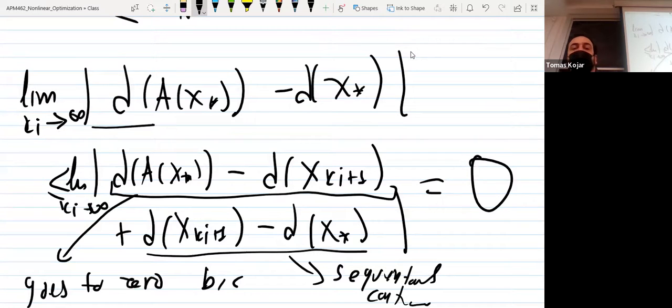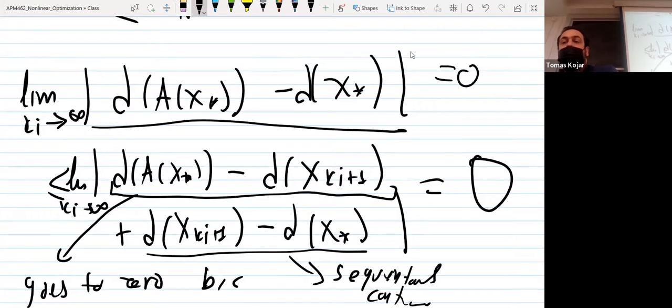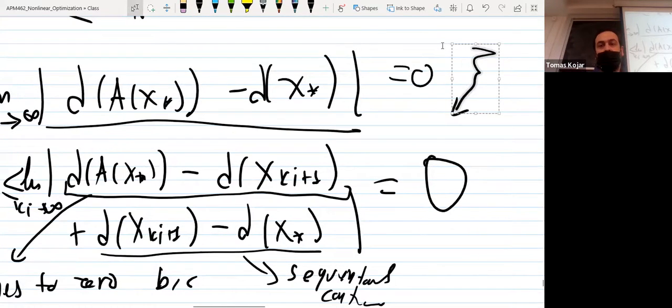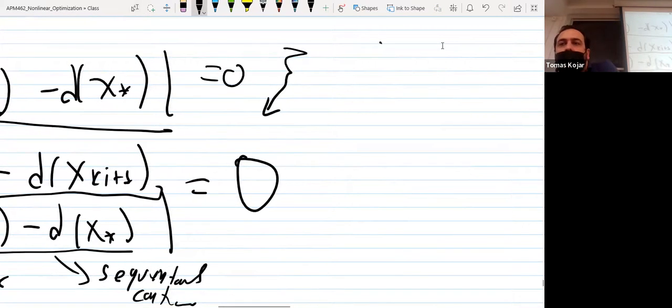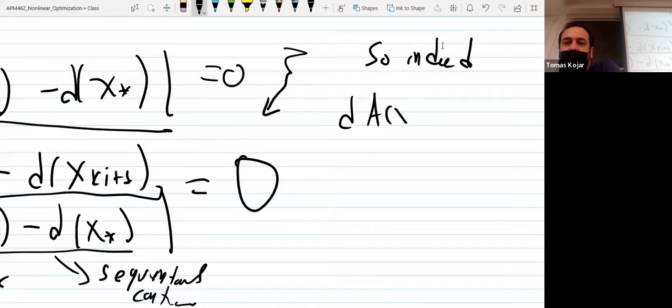So that means this was always equal to 0. There is no ki there. Okay? And this is the contradiction, that in fact, this is a fixed point for your function. So indeed, D of A X star is D of X star. All right.